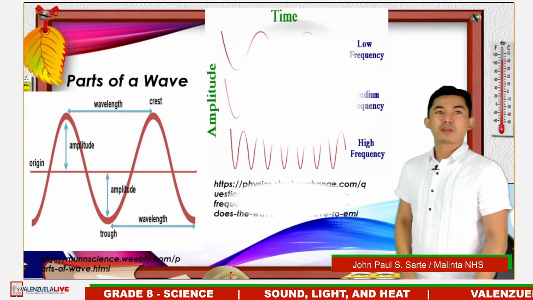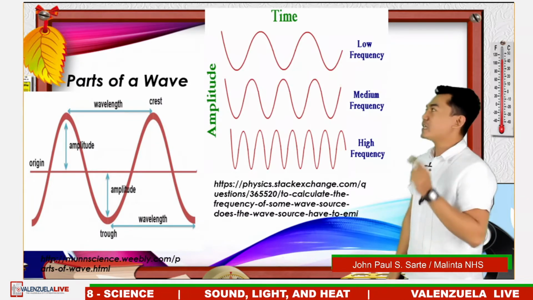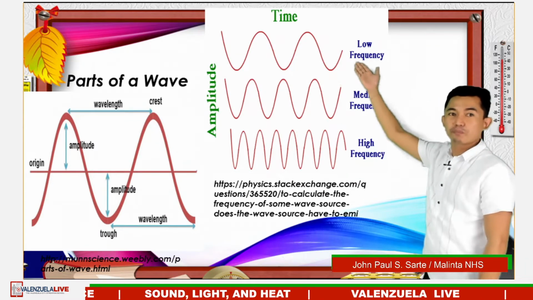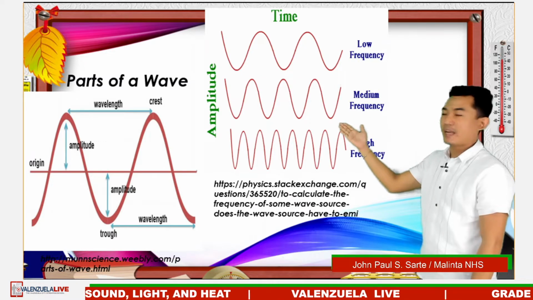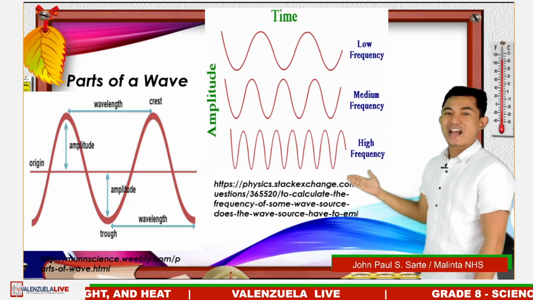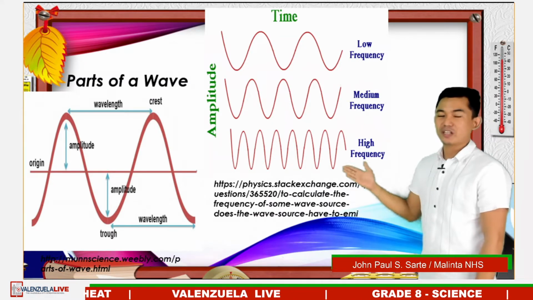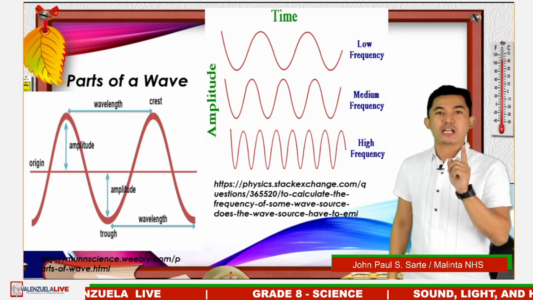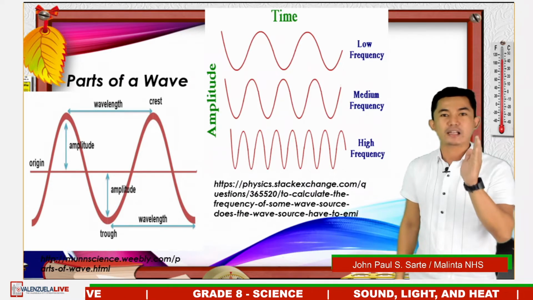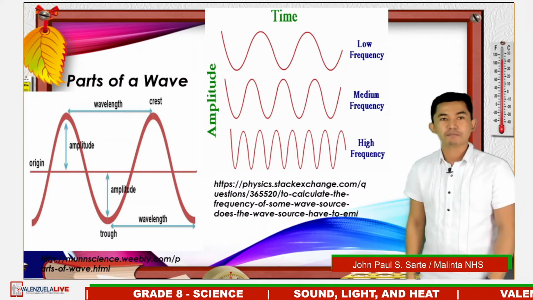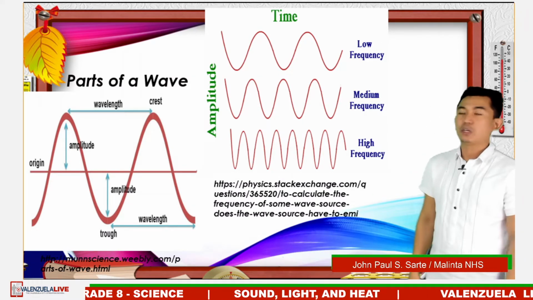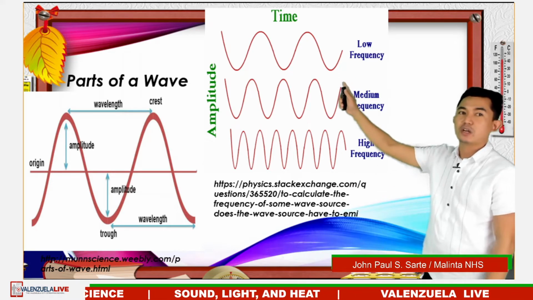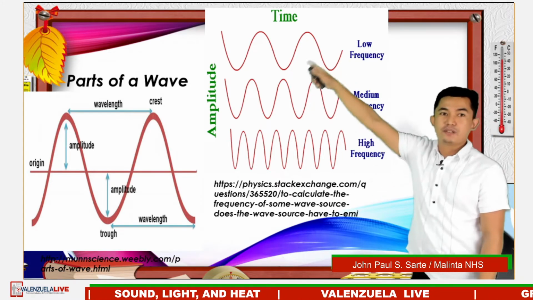How about frequency? Frequency has low, medium, and high frequency. These three terms, do not forget, are quite different from each other. Just take a look at the wave. First, take a look at the low frequency. What have you noticed on the wave?